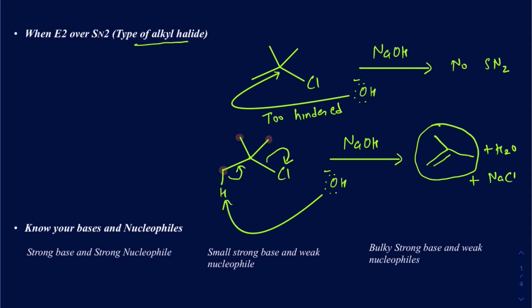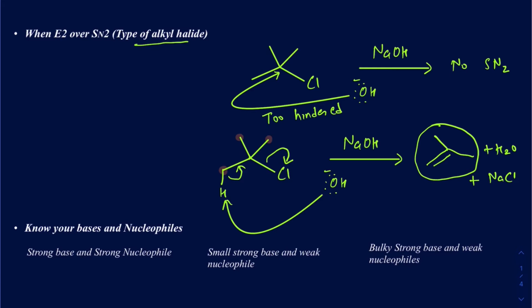So what we just learned here is that, okay, we know these tertiary alkyl halides are too hindered for the SN2 to take place, but if you have a strong base and strong nucleophile, you can easily run an E2 mechanism in there because it can easily go in there to grab that proton.